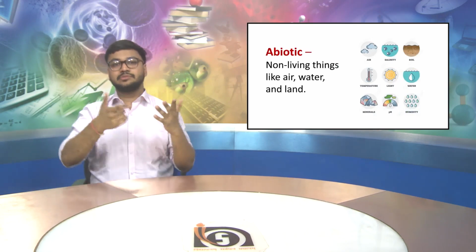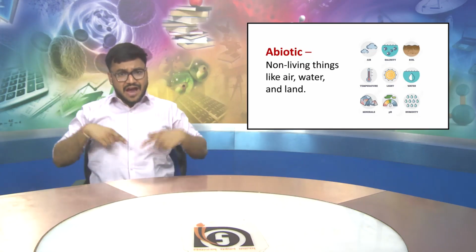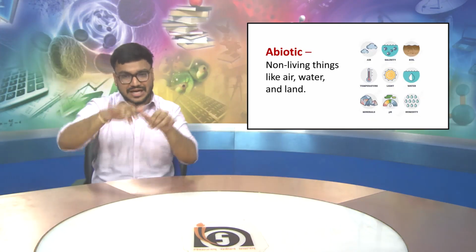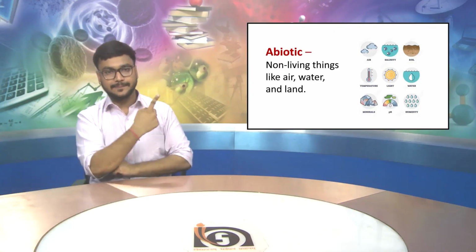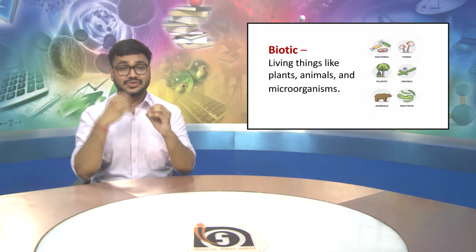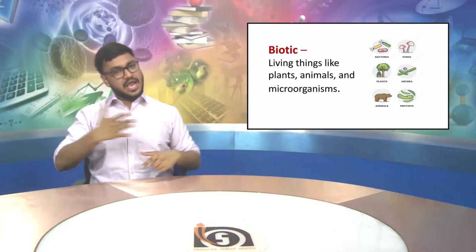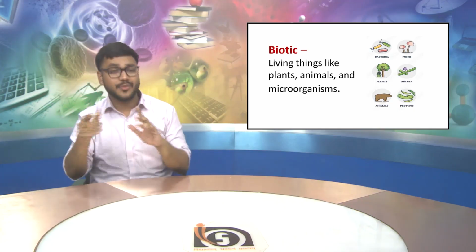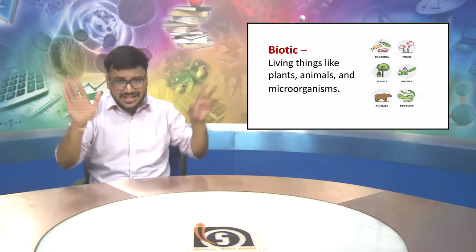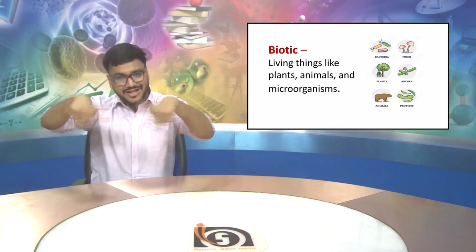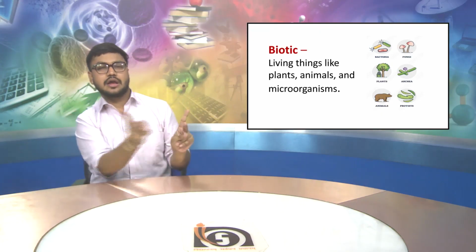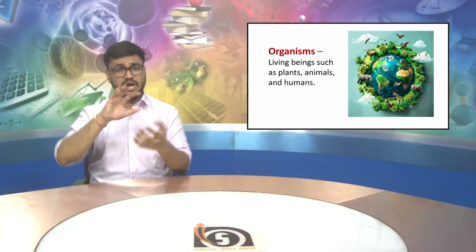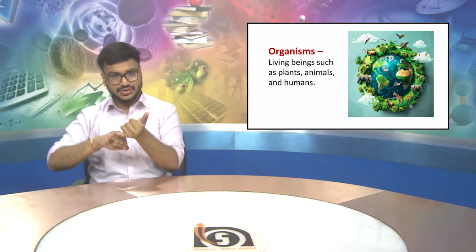Next is abiotic. Abiotic refers to non-living things like air, water, land, etc. And biotic refers to living things like plants, animals and microorganisms, etc. Next is organisms.